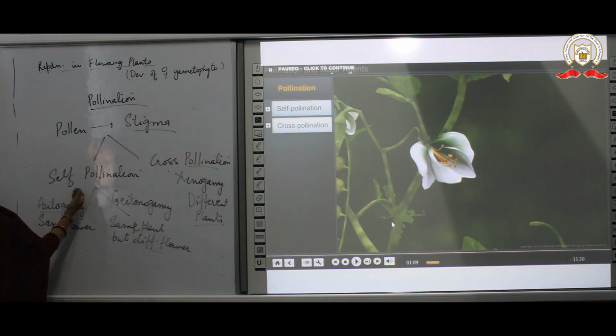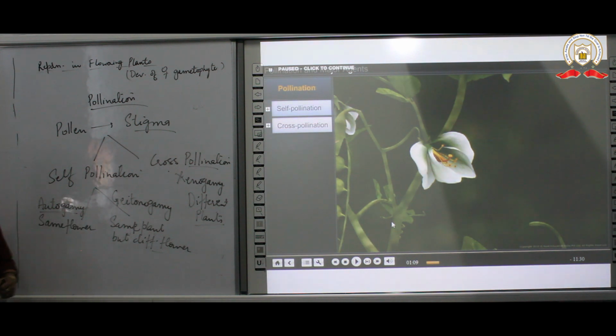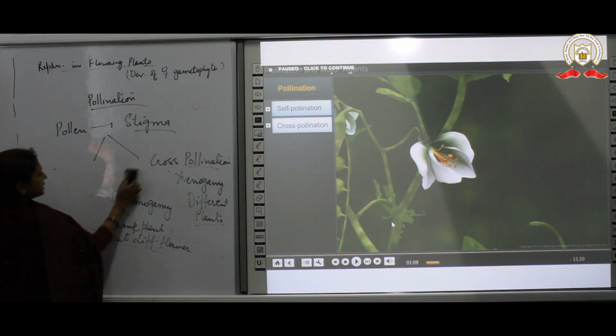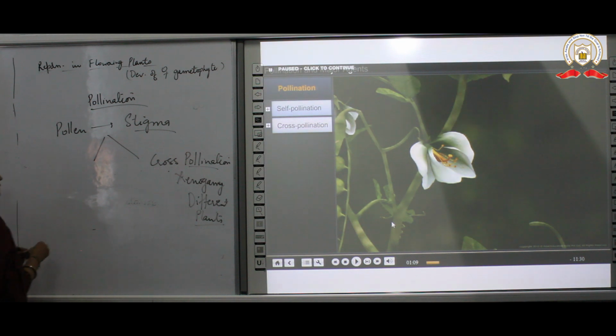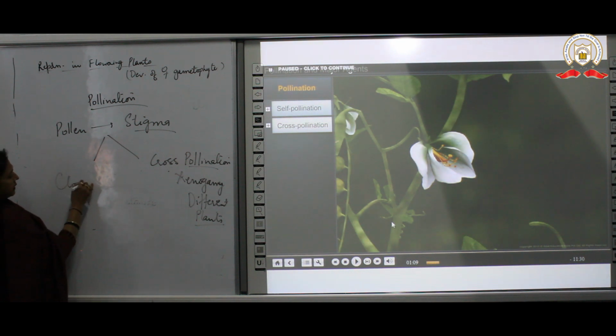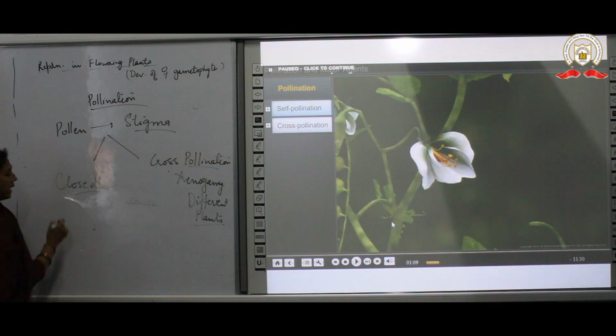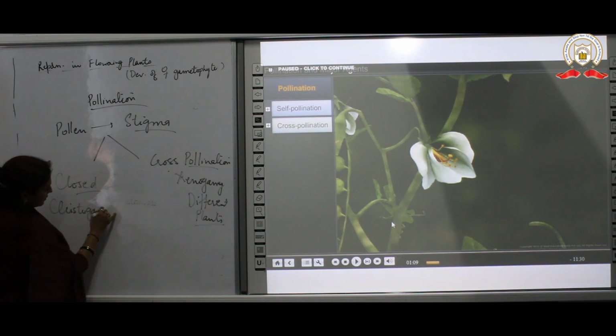Now, when we talk about self-pollination, there are certain plants which ensure self-pollination, and these plants show closed flowers. The closed flowers are known as cleistogamous flowers.